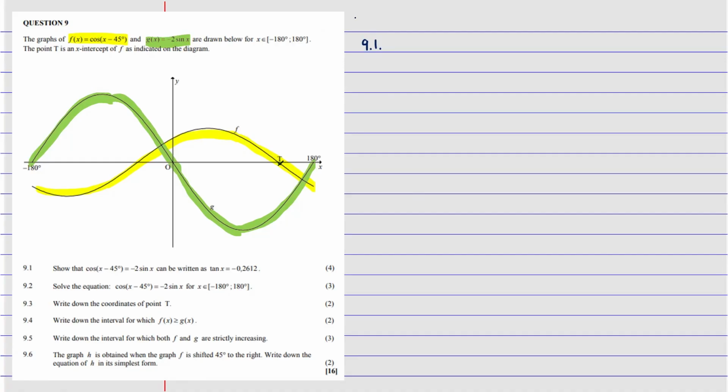So it's going to be just 9.1, right? They say to show that cos(x minus 45) is equal to negative 2 sine x.